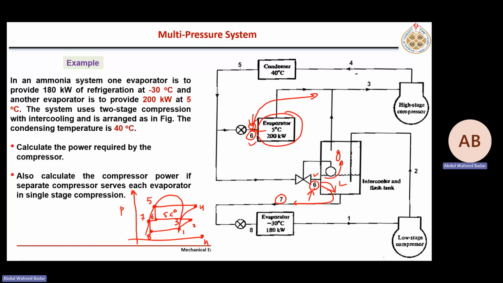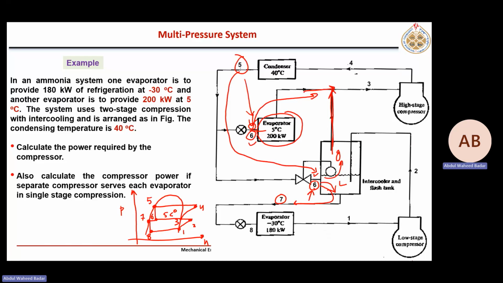So 5 to 6 are actually 2 processes, 5 to 6 here and 5 to 6 here. This 6 to 3 is not only evaporation, but also from point 2, some mass is adding up here. So mass is coming from the high temperature evaporator, and also mass is coming from point 2, which gets cooled down and merges here.